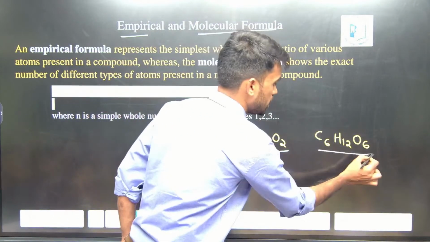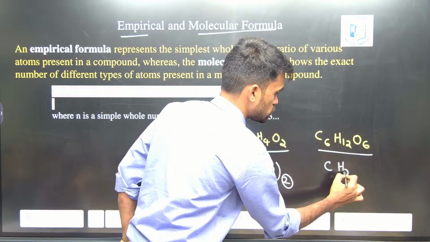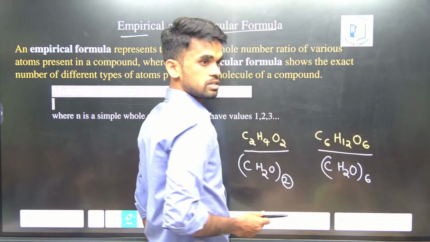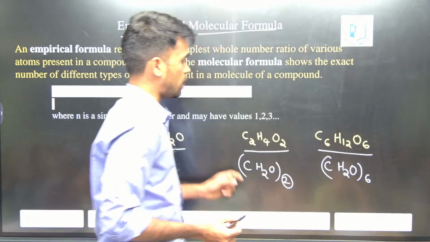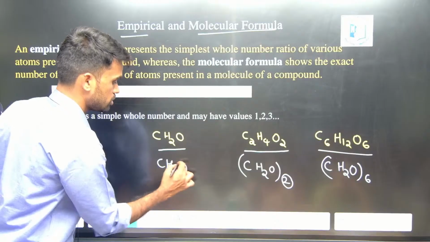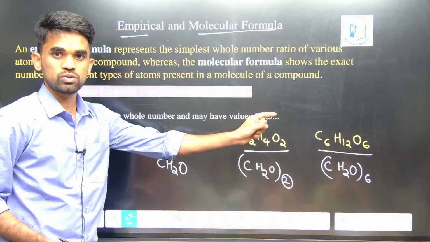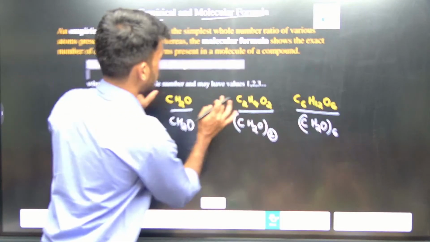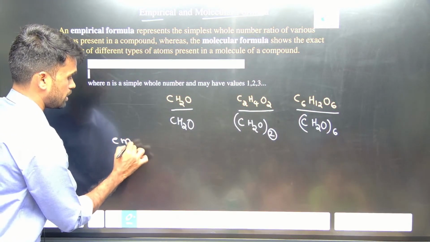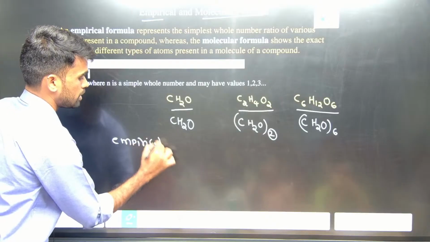From here, CH2O 6 times. Now what is the simplest ratio in all the cases here? CH2O, CH2O, CH2O. So the empirical formula here is CH2O.